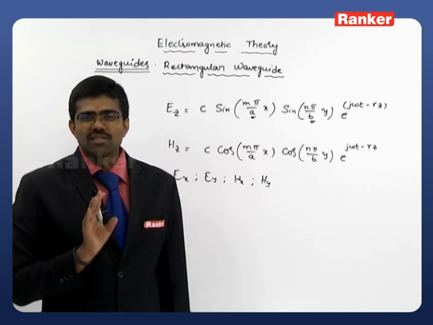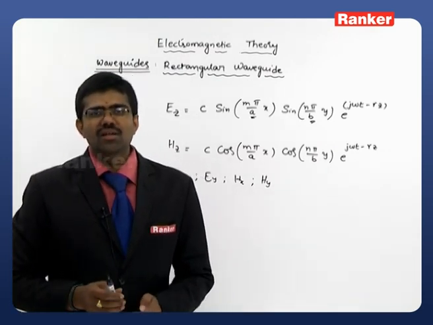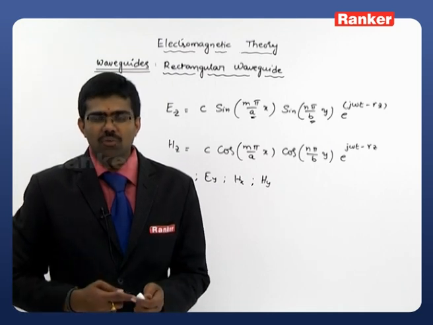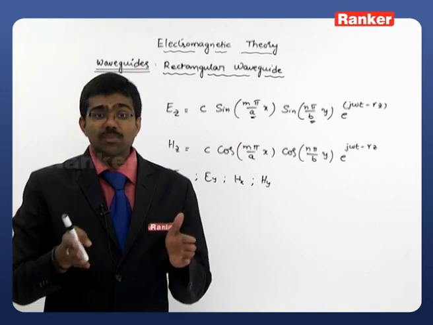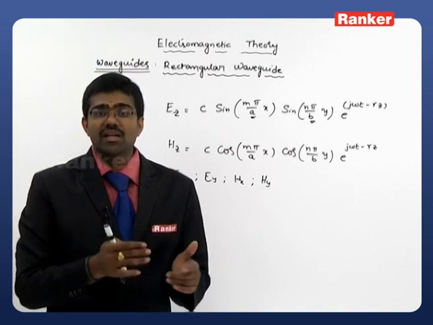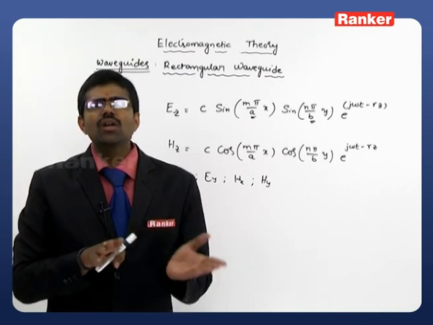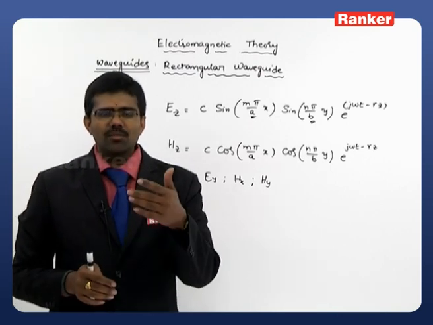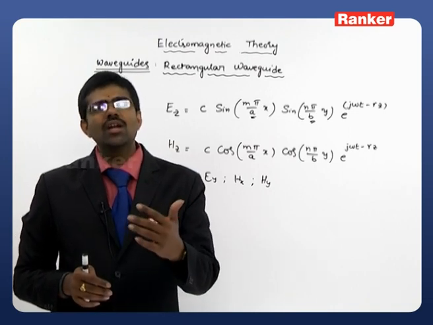Now, don't go for such analysis, because here we have different types of waves. The wave is not a simple electromagnetic wave. Whenever it is traveling in our waveguide, it will be a specific wave, like a transverse electric wave, a transverse magnetic wave, or a transverse electromagnetic wave. These are the three major categories, and now we will analyze these three individually.